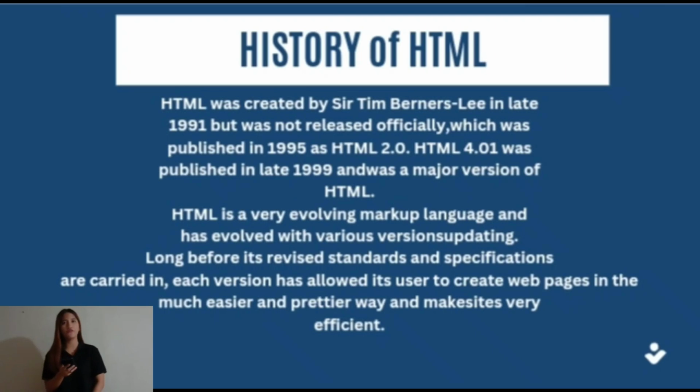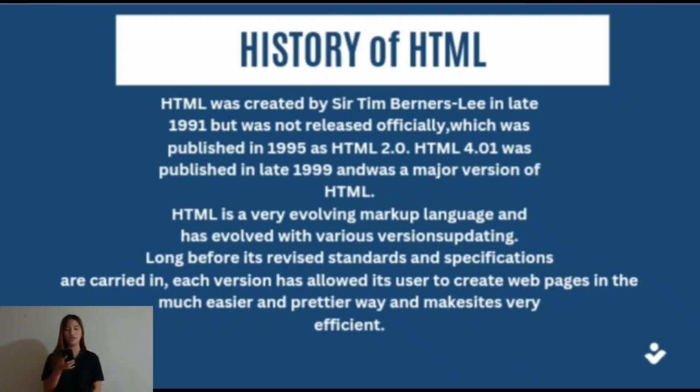The history of HTML. HTML was created by Sir Tim Berners-Lee in 1991 but was not released officially, which was published in 1995 as HTML 2.0. HTML 4.01 was published in late 1999 and was a major version of HTML.